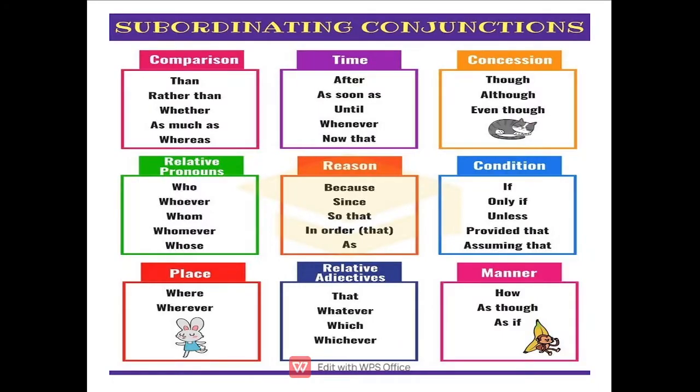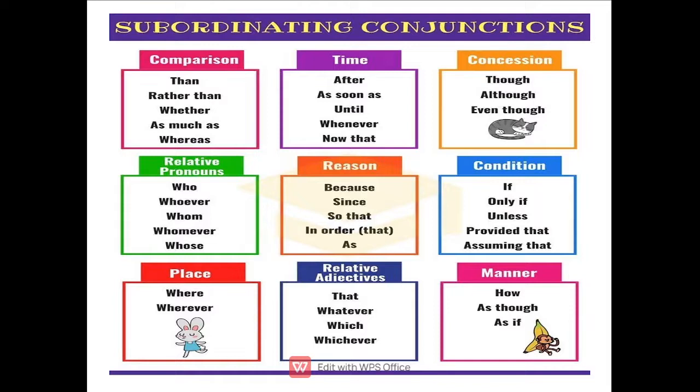Then we have subordinating conjunctions further classified, or tabulated, for you. When you have comparison, we use than, rather than, whether, as much as, whereas. When you are talking about time frame: after, as soon as, until, whenever, now that. Concession: though, although, even though. Relative pronouns like who, how, whoever, whom, whomever, whose.